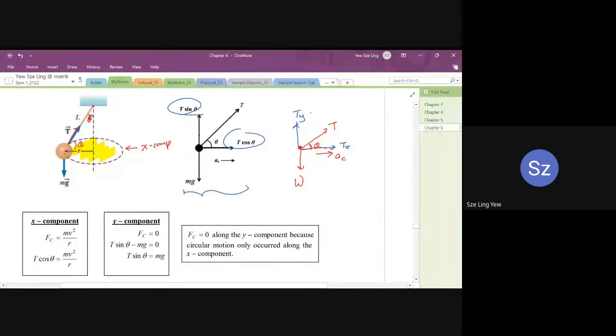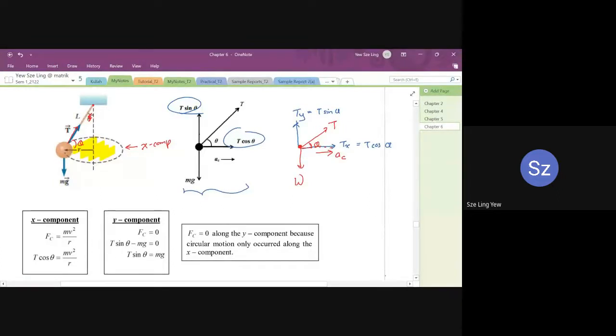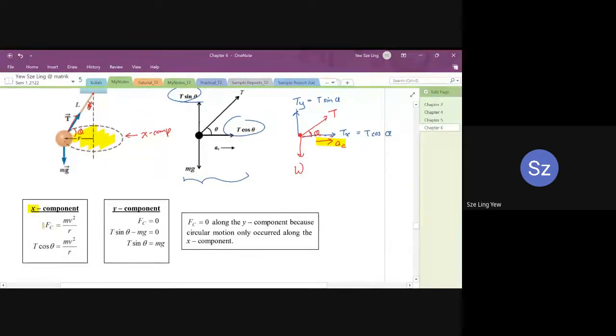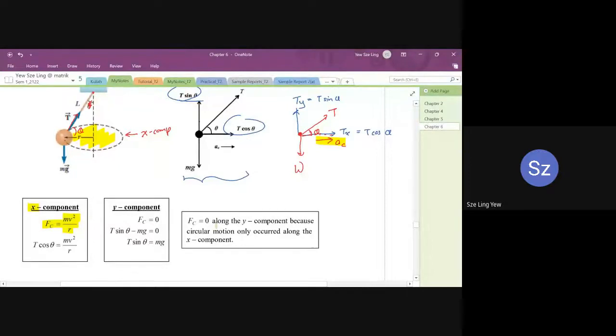Ty is T sine theta, Tx is T cos theta. From here, I'm going to form two equations, one for the x component and one for the y component. My ac is lying along the x component. Therefore, for the x component, I have Fc equals mv squared over r, or m ac.